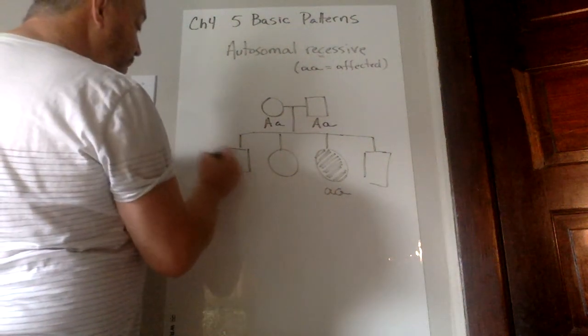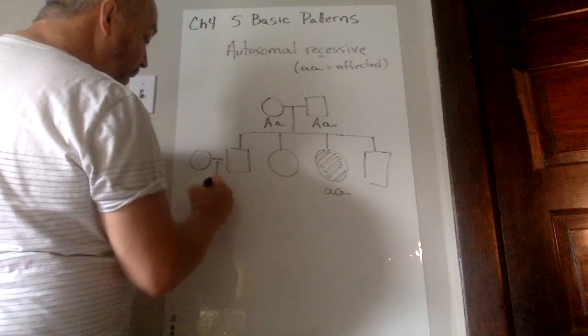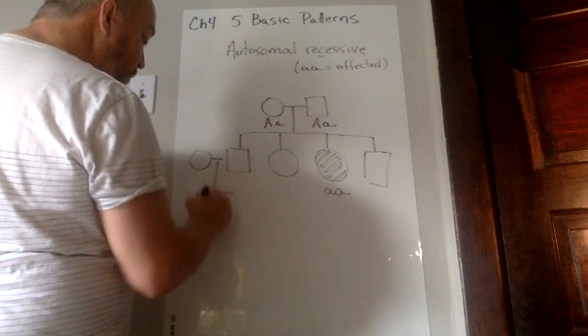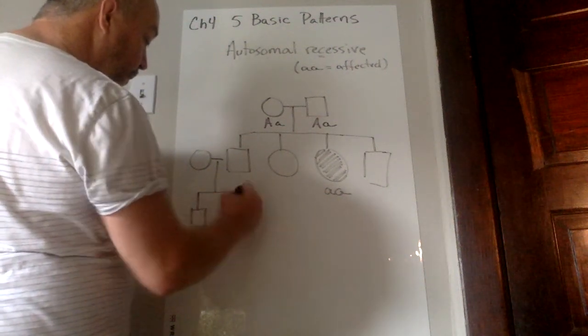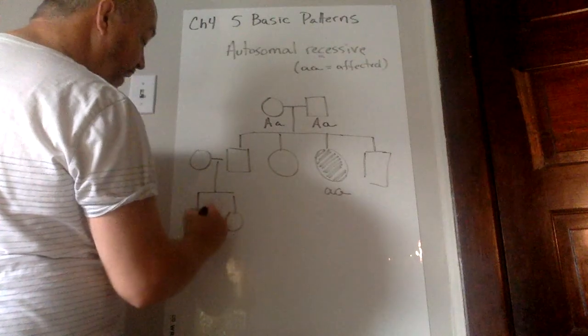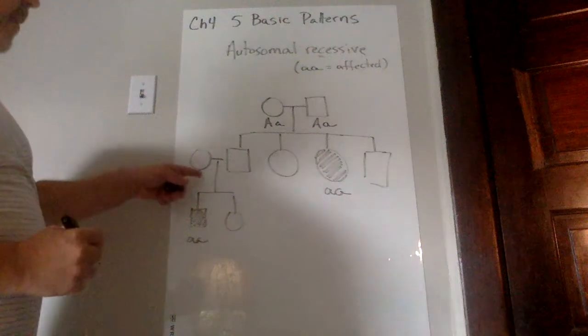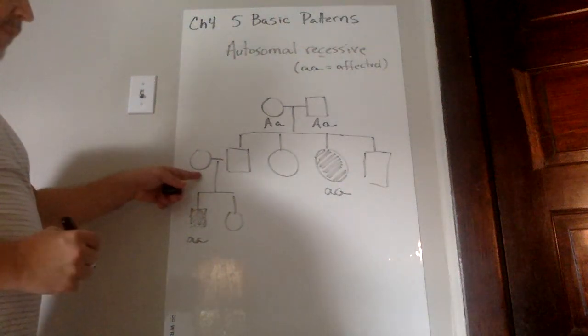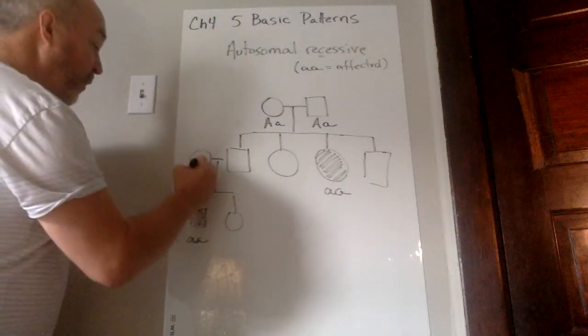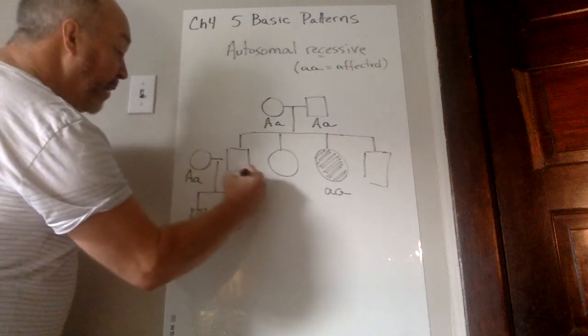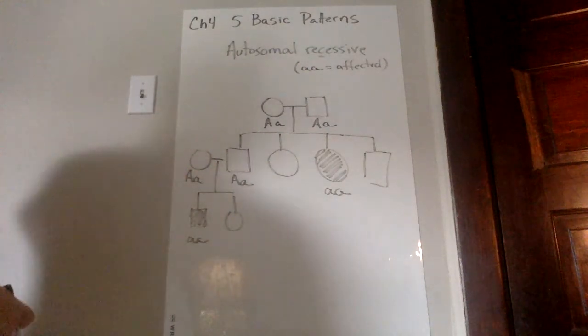So in these pedigrees, all of a sudden you'll see affected individuals arising from unaffected parents. And then we also know, therefore, that these parents all have to be heterozygous.